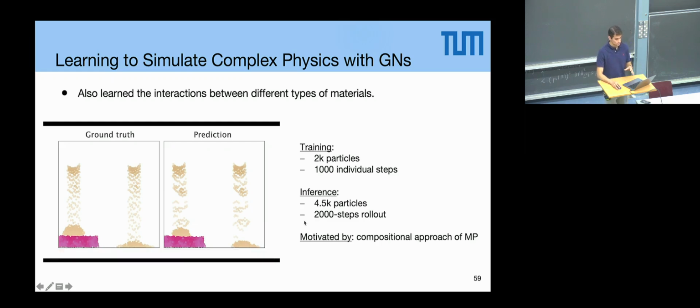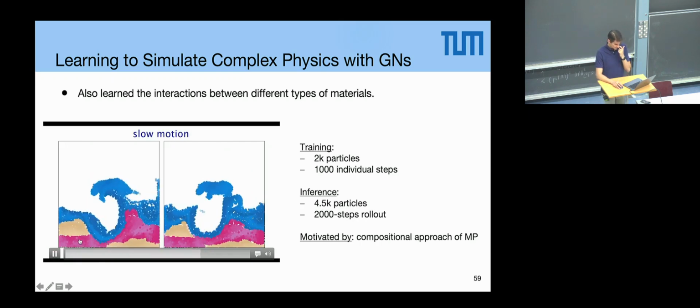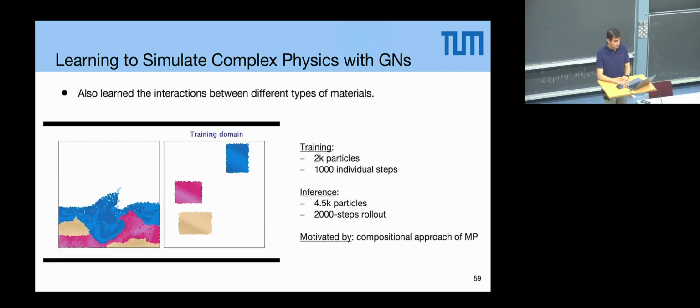And well, here also they use a relatively small number of nodes for training, 1000, and then at inference time they use 4000 nodes. Here are some examples of how these different kinds of materials interact.